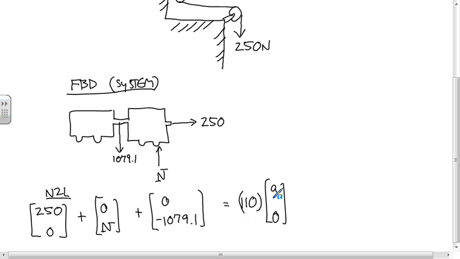And so this gives us two equations. The first one says 250 is equal to 110a. So a is equal to 250 over 110, so positive 2.27 meters per second squared.